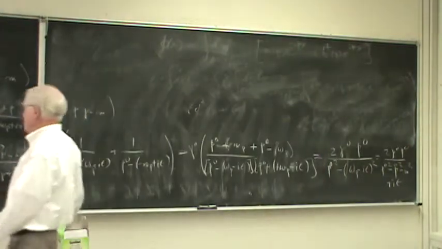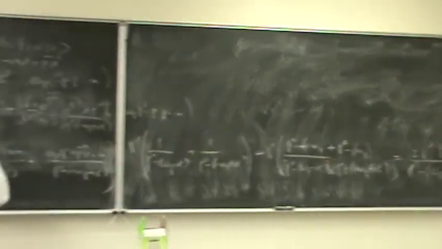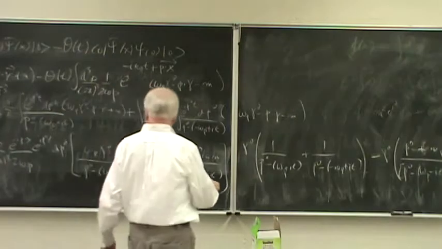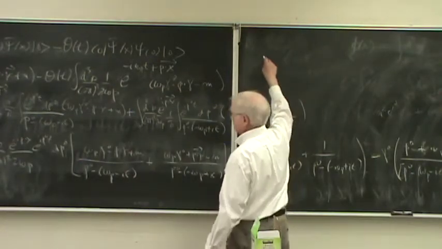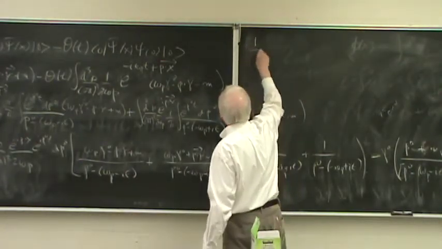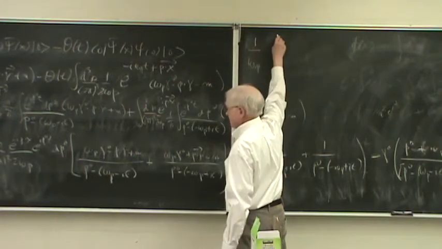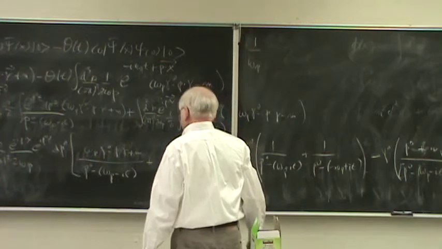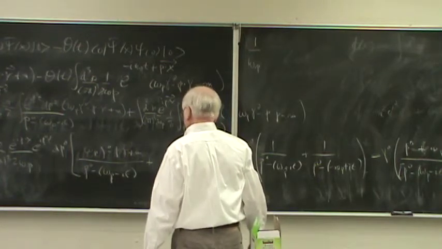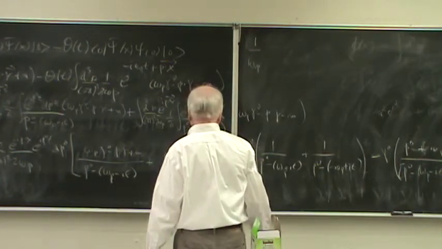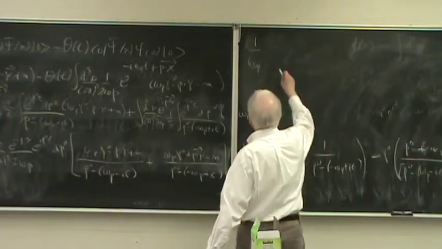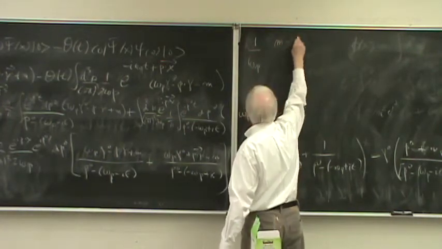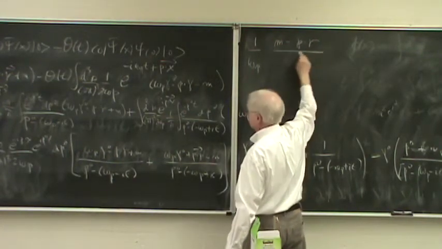The other term, though, is 1 over ω_p, and it's m minus p·γ.